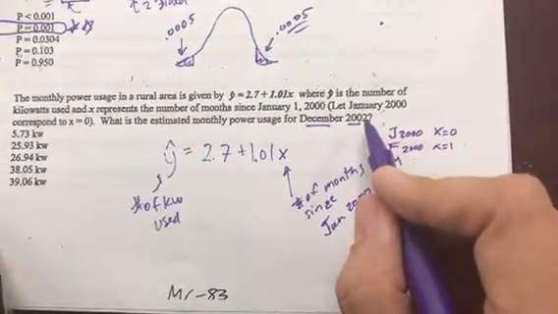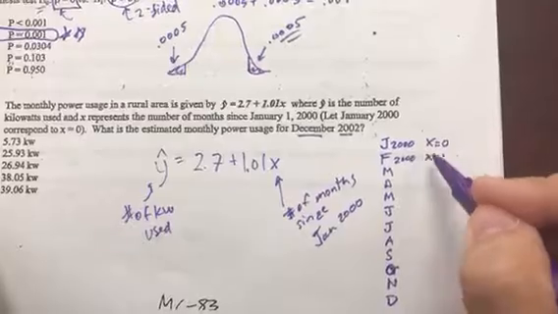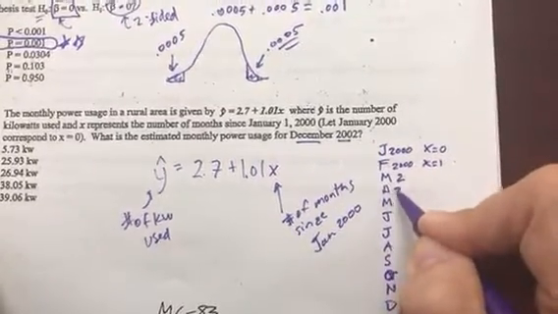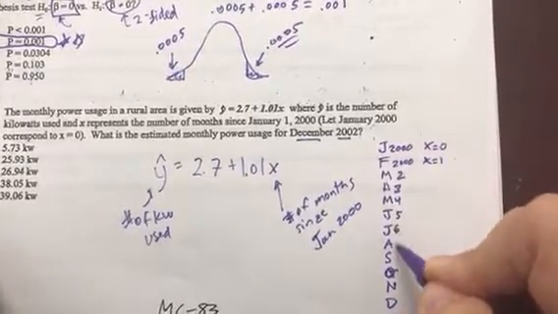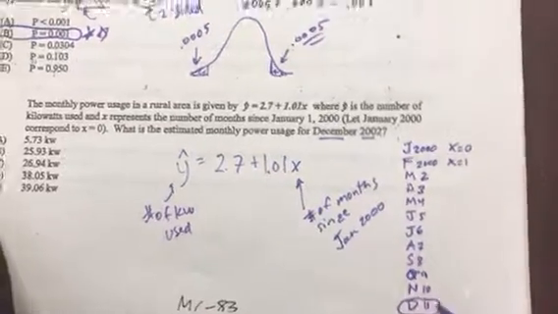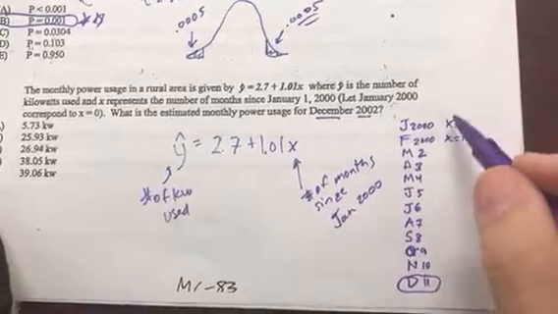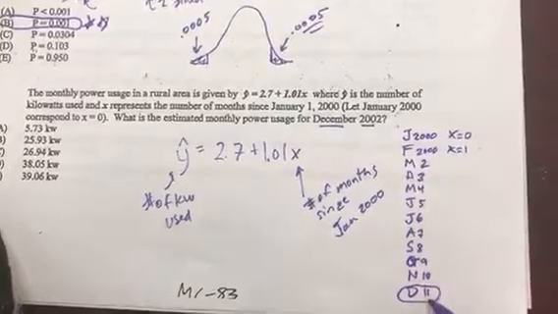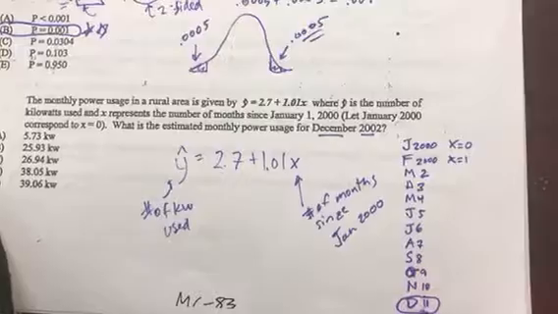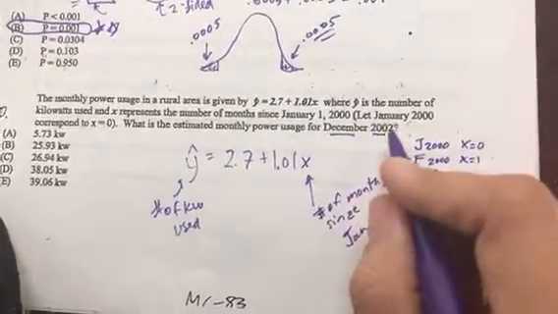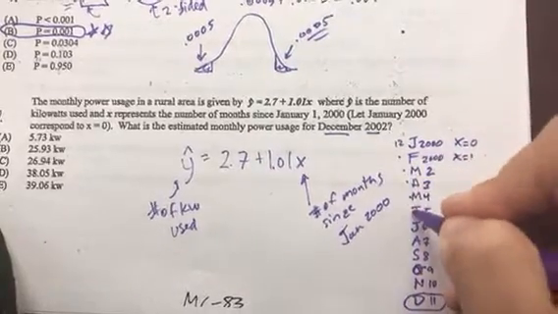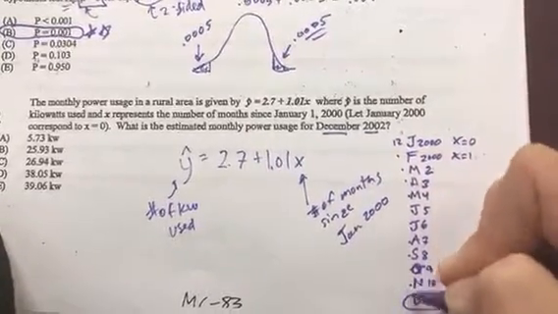Now I want December two years from now, but let's figure out what that would be. February would be 1, so March would be 2, 3, 4, 5, 6, 7, 8, 9, 10, 11. So December we maybe think was 12, but it's not because we're making January 0. December would be 11. So December of 2000 would be X equal to 11, but they don't want December 2000, so I keep going: 12, 13, 14, 15, 16, 17, 18, 19, 20, 21, 22, 23.